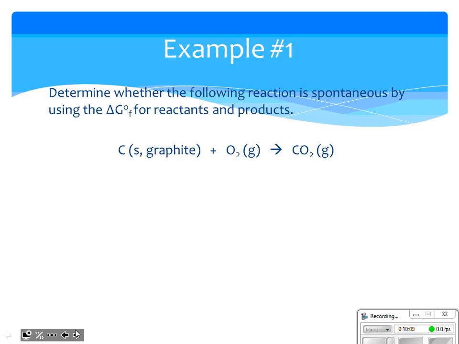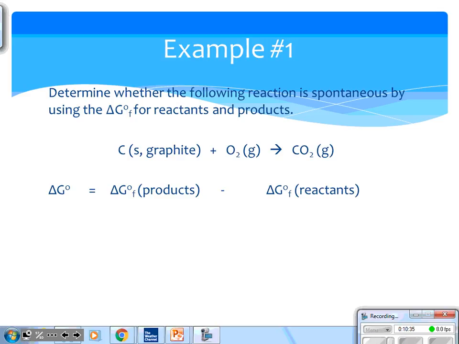But for the first one here, it says determine whether the following reaction is a spontaneous reaction by using delta G sub F for the reactants and the products. So, I'm going to give you a second here to copy this down. I'm going to pause it here.